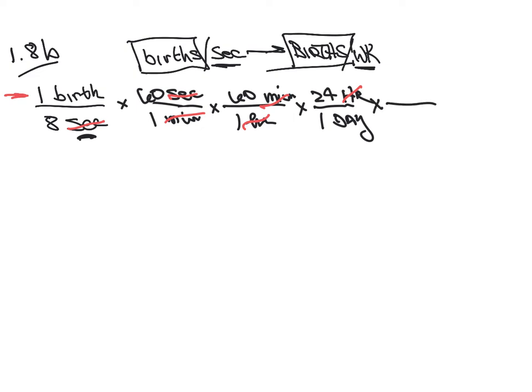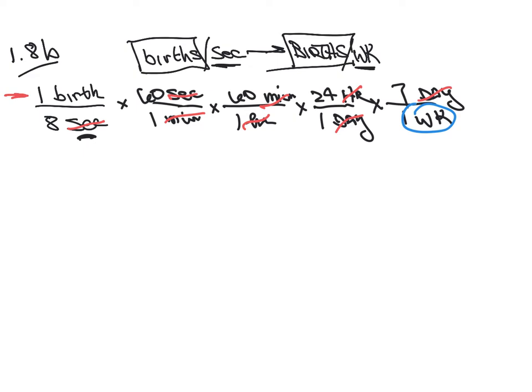So now at this point, if I stopped, I'd find out how many births per day. But that, again, is not what I'm looking for. So I put day up there. Do I know anything about days and weeks? Yes. And then I cross out day, and all I have left is weeks, and that's what I'm looking for. Births per week. That being the case, I know I'm at a being done place.